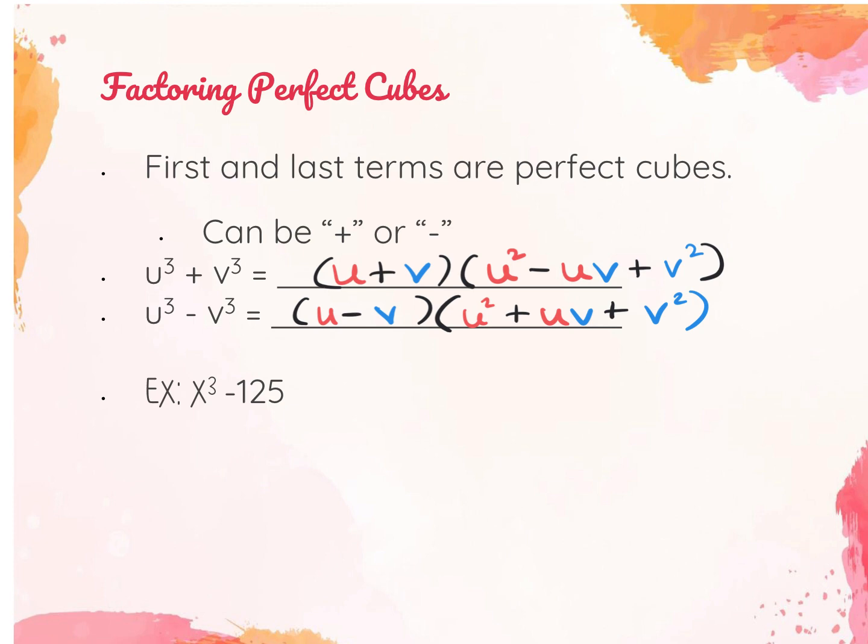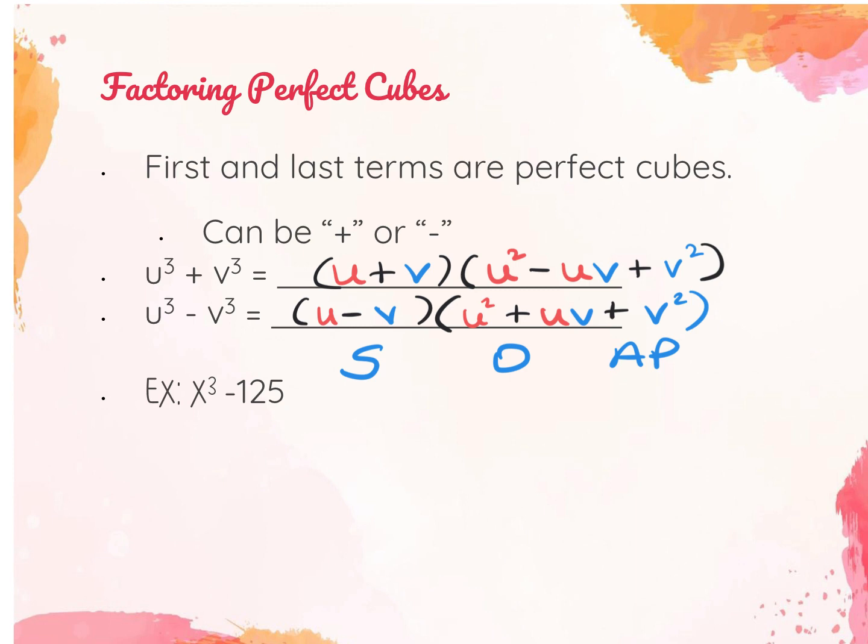And I've got an acronym to help you remember what signs go into each one. My acronym is the word SOAP. Same sign, opposite sign of the original, and then always positive. So this first S here is referring to the same sign of the original problem.